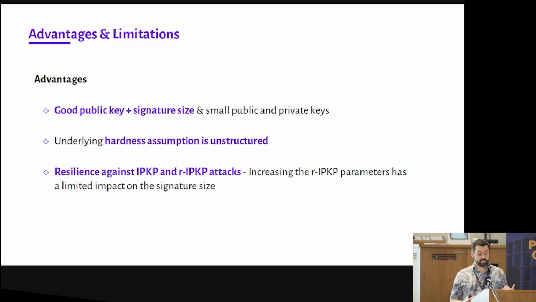We use as an underlying hardness assumption, we don't use any structure, no trapdoor here. And we are resilient against potential attacks on the underlying problem. This is due to the fact that a big part of the signature size is actually just related to the MPC part. So in case you need to increase the parameters, it has only a limited impact on the signature size.